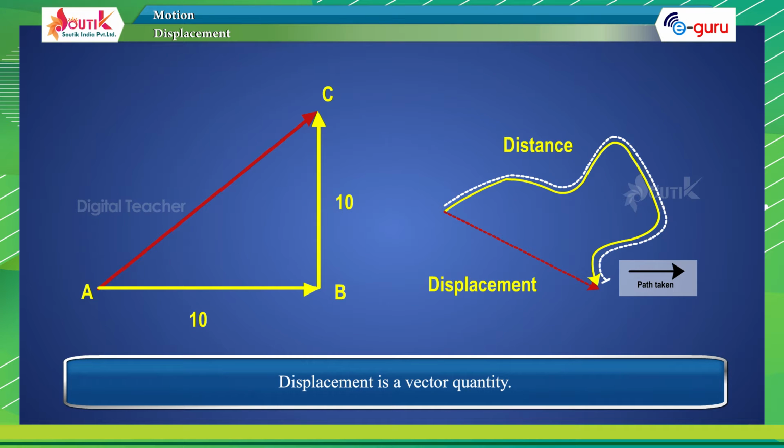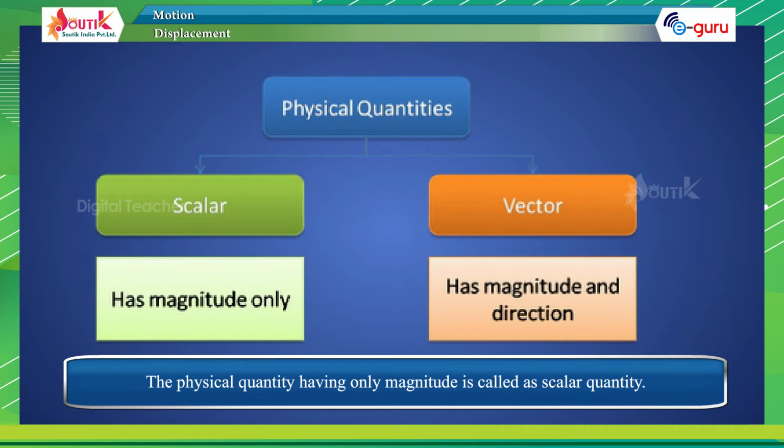Displacement is a vector quantity. The physical quantity having only magnitude is called a scalar quantity. The physical quantity having both magnitude and direction is called a vector quantity.